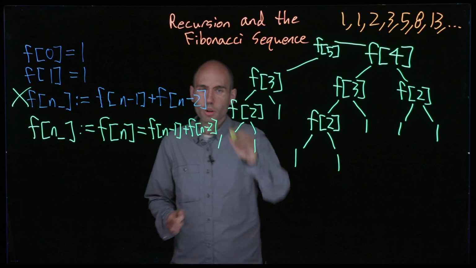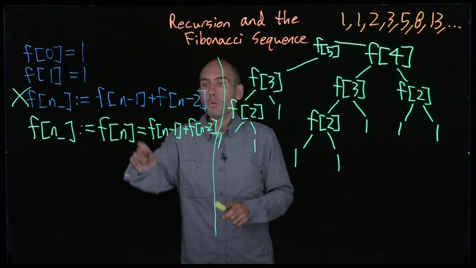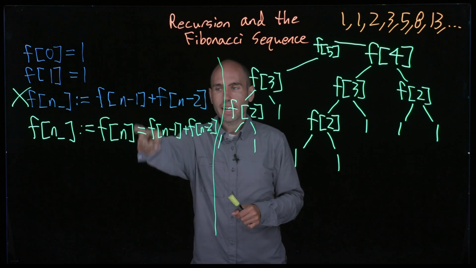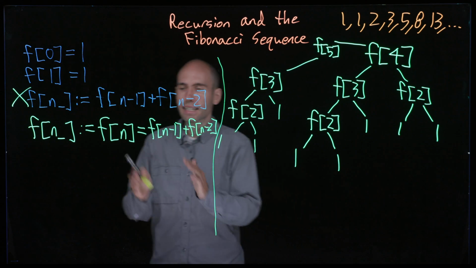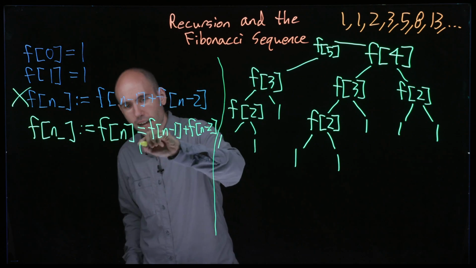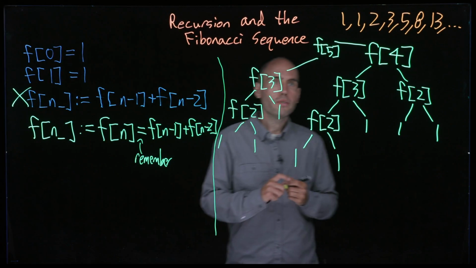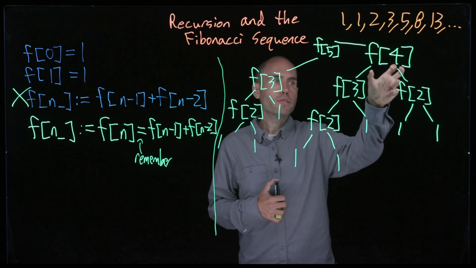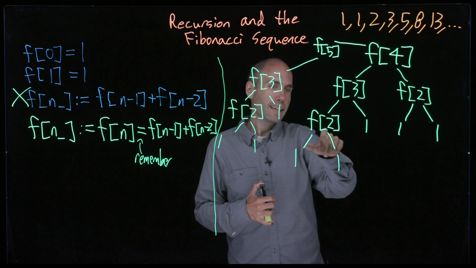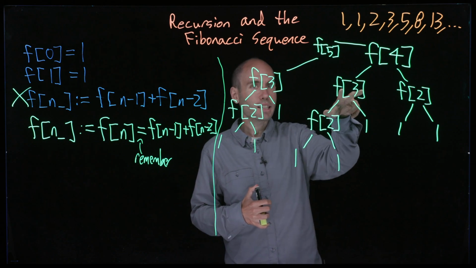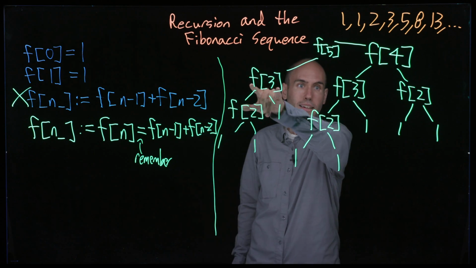And so why is this different? What's the special thing about it? Well, the special thing is, notice that here I don't have the colon equals. So this is telling Mathematica to remember this value. So for example, by the time I've computed f bracket 3 here, whatever it is, I guess it's 2 plus 1, I guess it's going to be 3. Then I don't have to go through this whole branching procedure again over here.